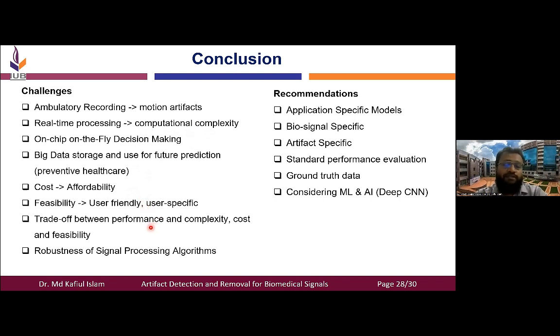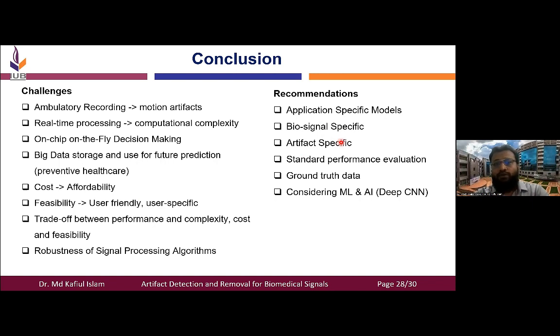So you always have to make a decision and a trade-off between the performance of your system and the complexity, cost, and feasibility. You should also look at the robustness of the signal processing algorithm that you are proposing. My recommendation would be that you should build an application-specific model, and you should also talk about what specific artifacts will eventually hamper those signals.